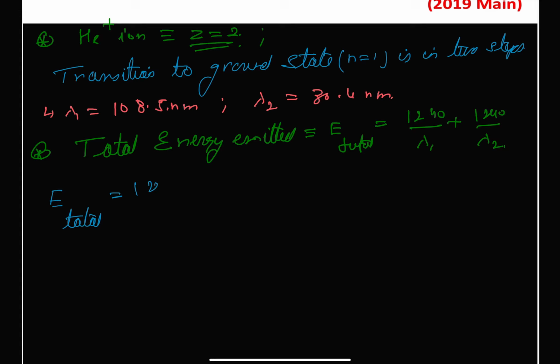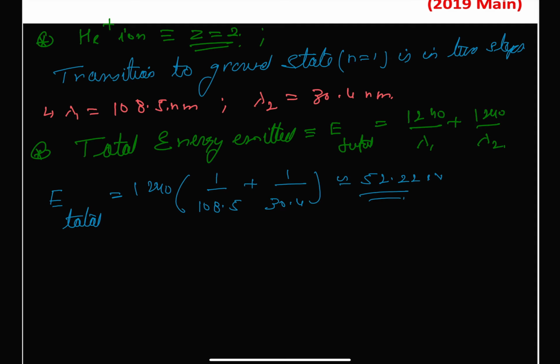We can take common, so this will be equal to 1240 times (1 upon 108.5 plus 1 upon 30.4). So we get this is approximately equal to 52.22 electron volt.